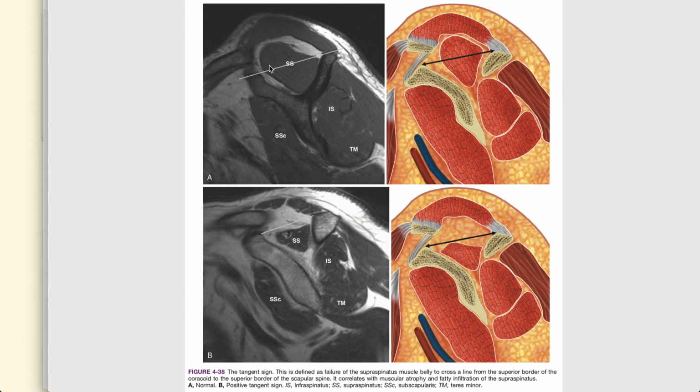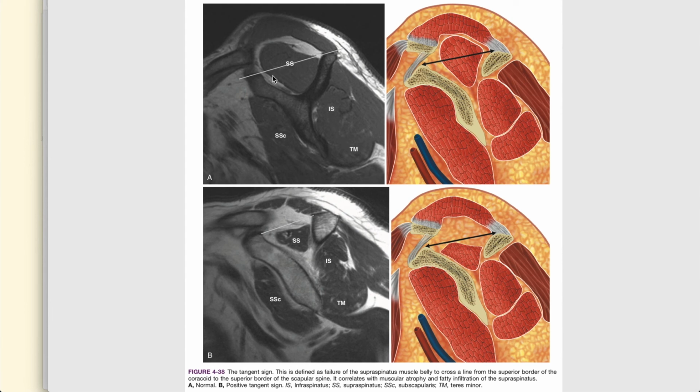This is the supraspinatus muscle, infraspinatus muscle and teres minor muscle. You want to pull a line here that goes from the superior border of the coracoid to the superior border of the scapular spine. And if the muscle belly is still able to cross this line to the superior aspect, then we consider the muscle to be in a good condition.